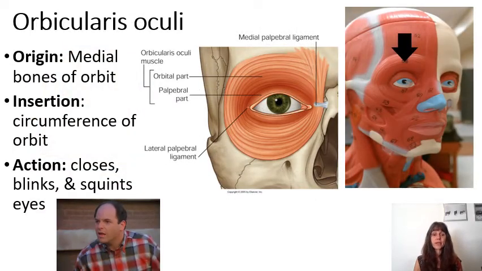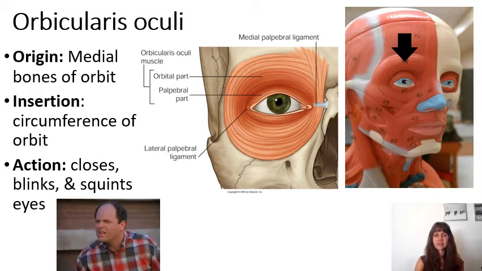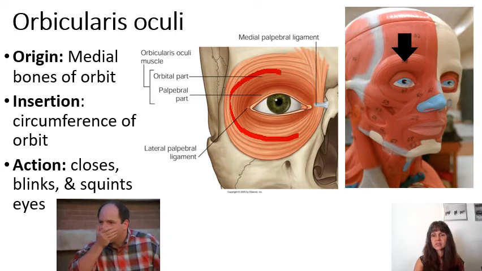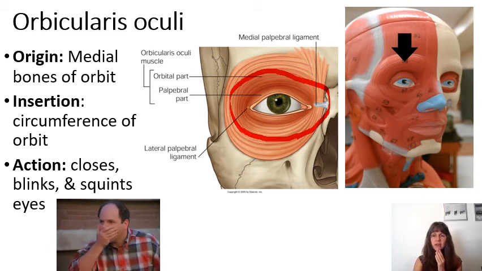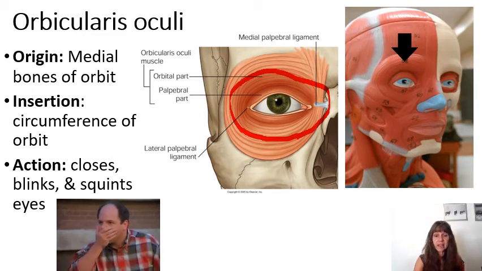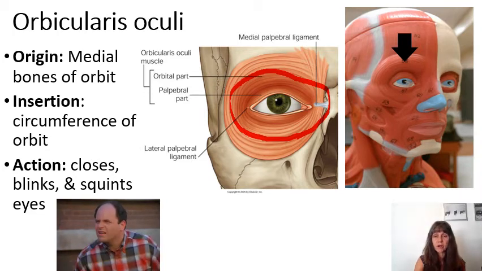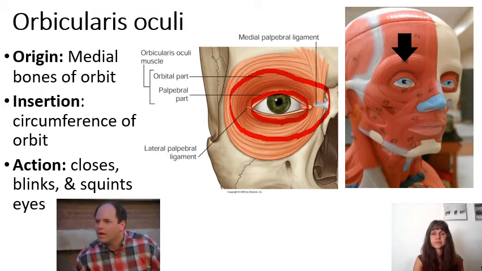Here we have Orbicularis oculi. Orbicularis oculi is another orbital circular muscle. There's actually two different portions. The orbital part goes around the actual bony orbit of the eye, and then there is a palpebral part that makes up the eyelids, upper and lower.